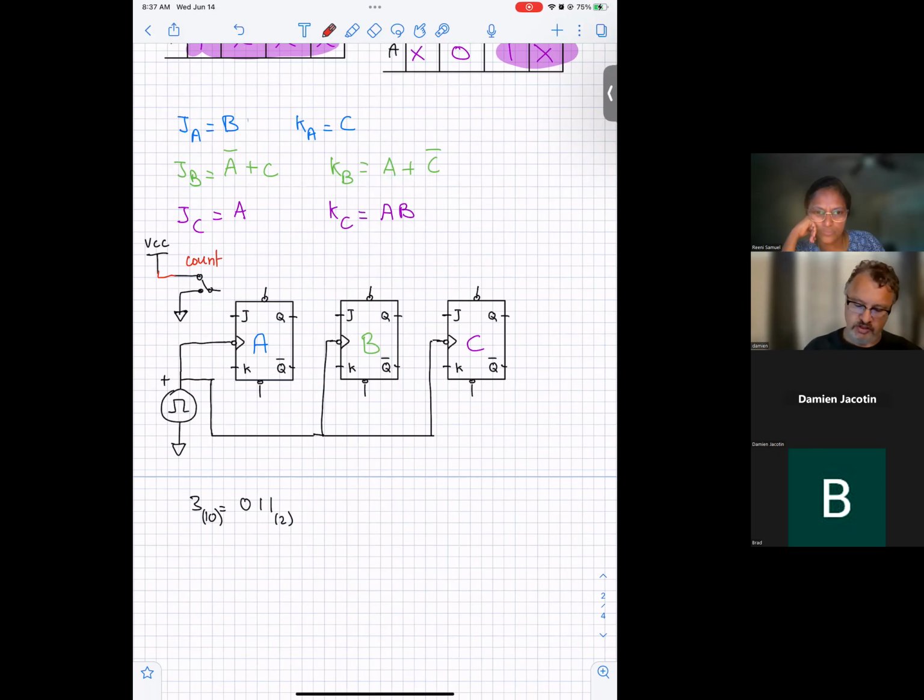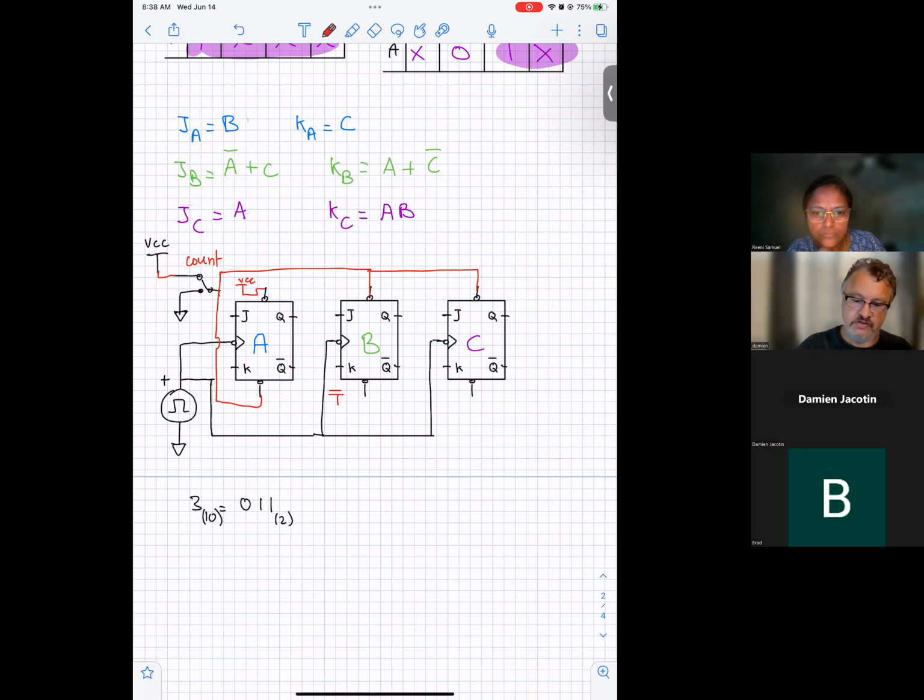And since I want it to be starting at 0, 1, 1, this is going to be starting at 0 right here. And we're going to go to 1, 1, like that. All the other presets and clear, I'm going to connect them to VCC. So I'm going to have another VCC right here, connected like that.